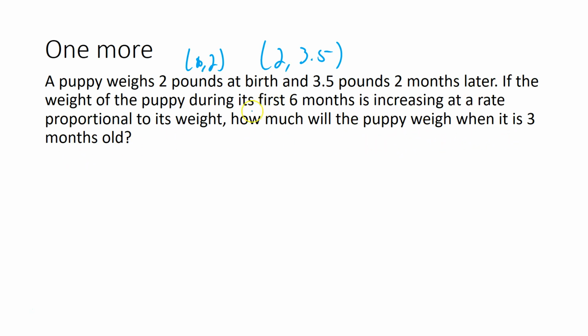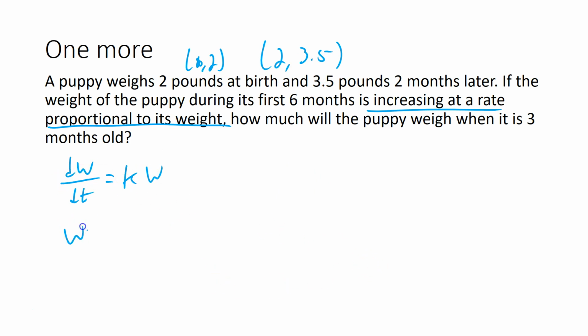So they're telling us here, increasing at a rate proportional to its weight. That means the change in weight with respect to time is proportional to its weight, so dW/dt = kW. So we have an exponential formula here, which makes sense because weight, at least at the beginning of your life, is often exponential growth.